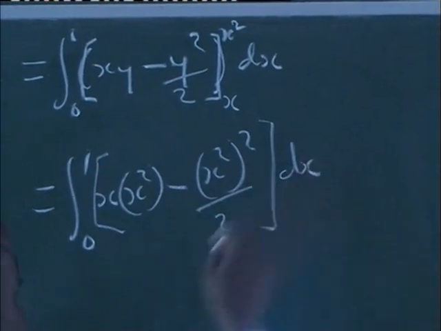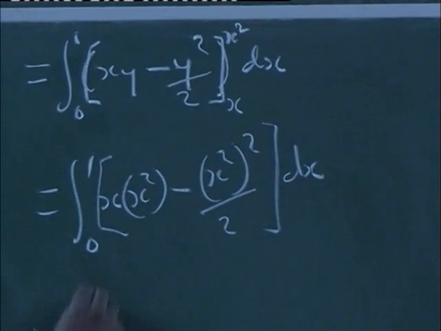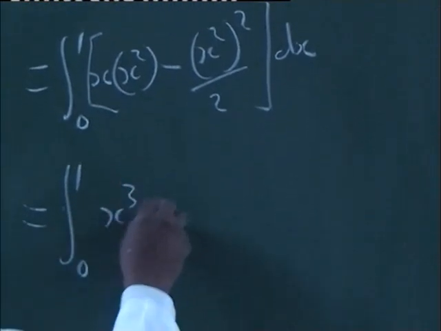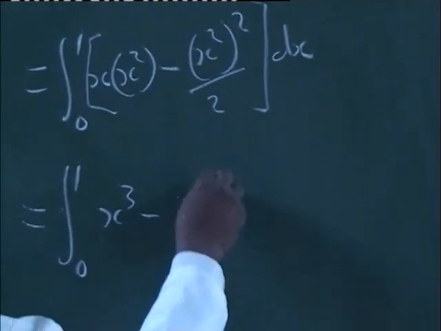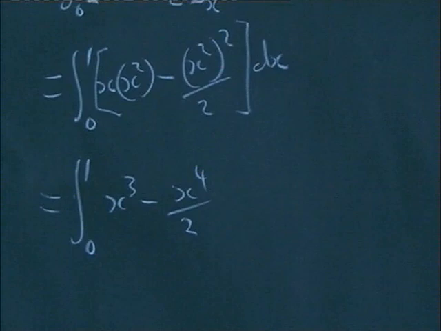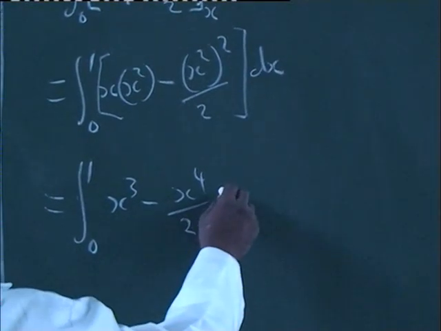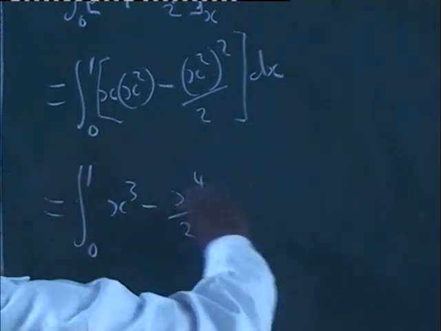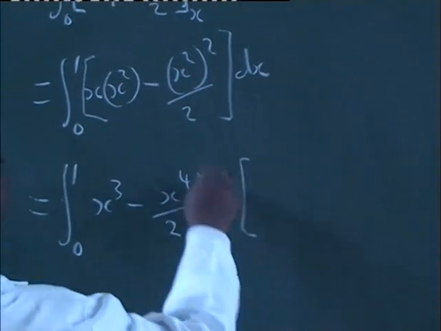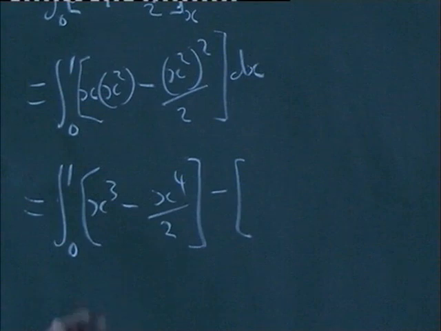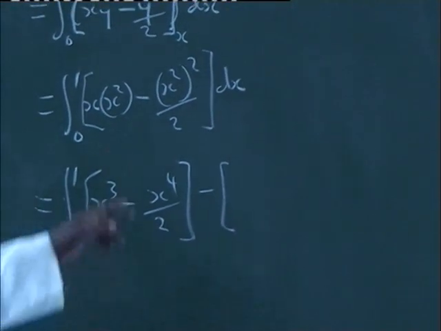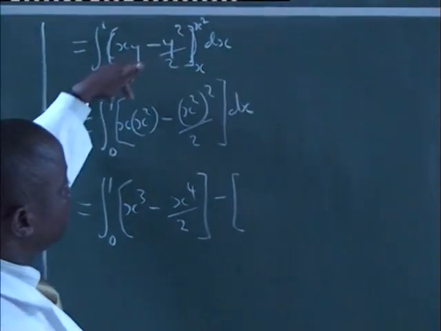The dx, of course. This will give us the integral from 0 to 1, and we have x cubed minus x to the power 4 over 2. That is this side. Minus, of course, the lower limit, exactly what we normally do in numerical calculus. So we are putting in the upper one.